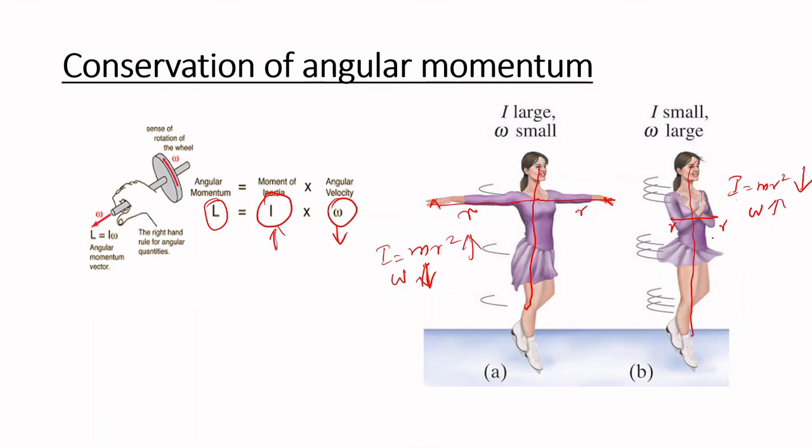So her spinning speed will increase. She will rotate with large speed. But here she is moving with a small rotational speed. Omega is small here, so her rotational speed is less. Here her rotational speed will be greater because the I value is less.